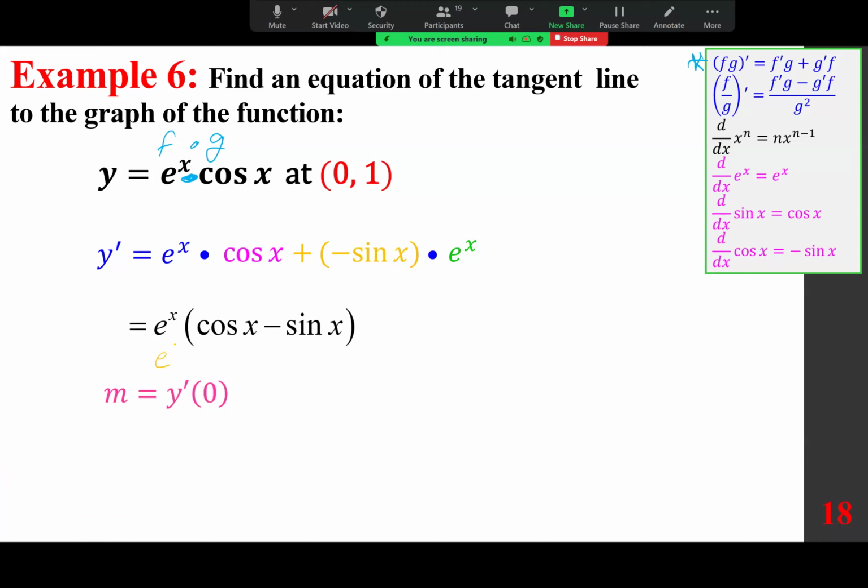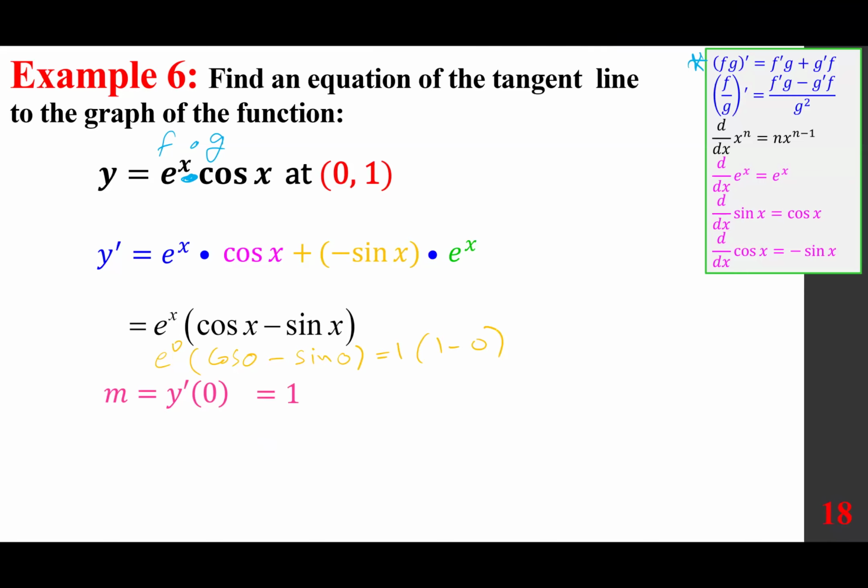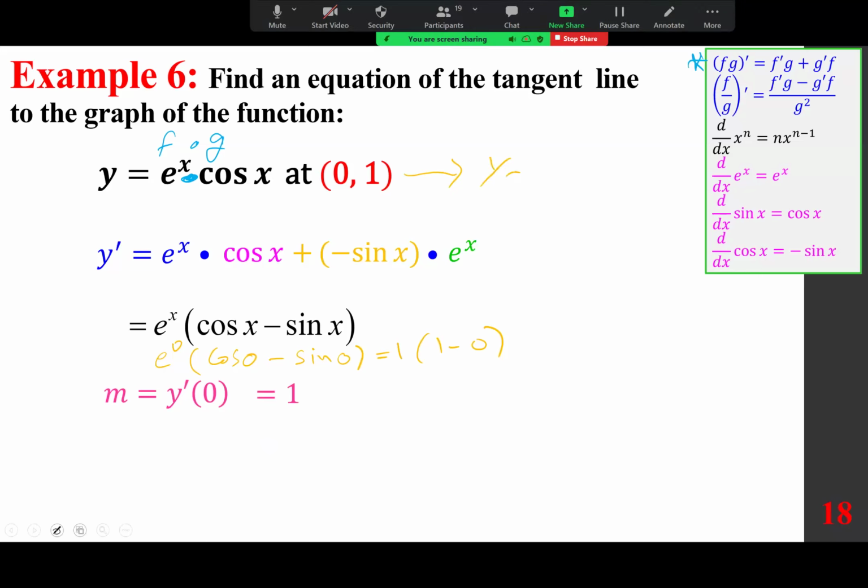We get e to the power of 0, cosine of 0 minus sine of 0, which is: e to the power of 0 is 1, cosine of 0 is 1, sine of 0 is 0, and that gives us 1. Now, we can use y minus y1 equals m times x minus x1, but we don't have to. The reason we don't have to is because this is the y-intercept. Let me use a different color. Y-intercept, therefore b is given as 1.